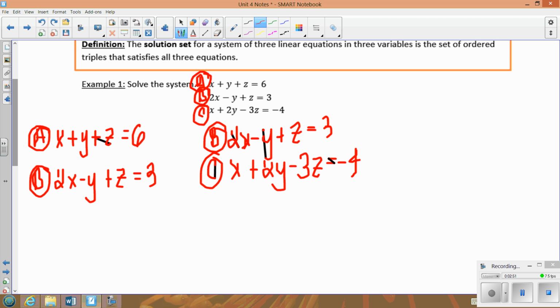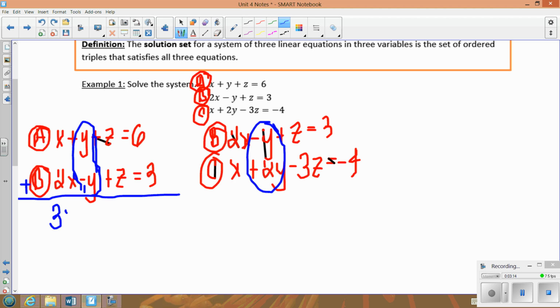If I look at this first one, I'm seeing right away that these y's are just going to automatically cancel. So if I choose to eliminate those, that would be a good place to start, because if you look at the second set of equations, it wouldn't be hard for me to eliminate the y's in B and C. So let me go ahead and eliminate them over here with A and B.